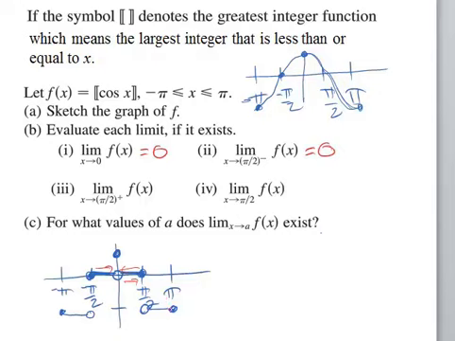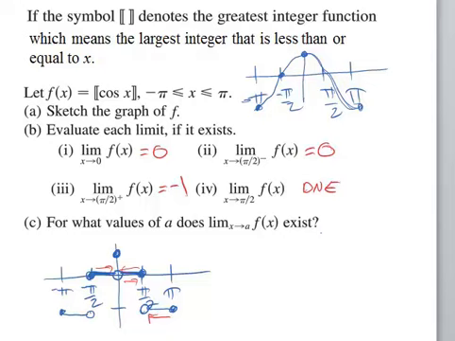As we're approaching from the right-hand side, we're down here, and even though it's not defined at pi over 2, as we get closer and closer to pi over 2, we are at a function value of negative 1. And the fourth one, the limit as x approaches pi over 2. Well, the left-hand limit was 0, the right-hand limit was negative 1, and they don't agree, so this does not exist.